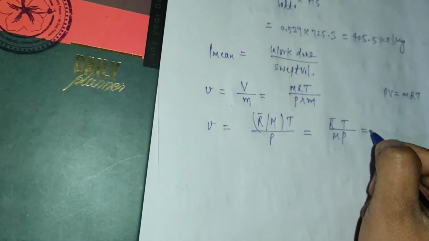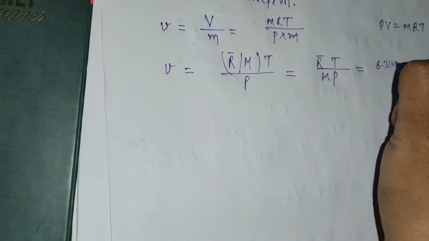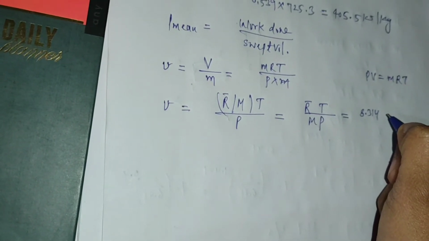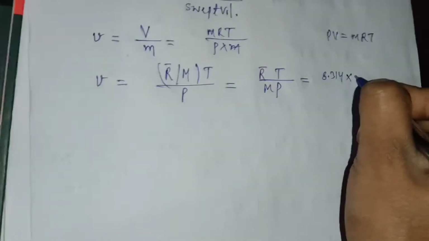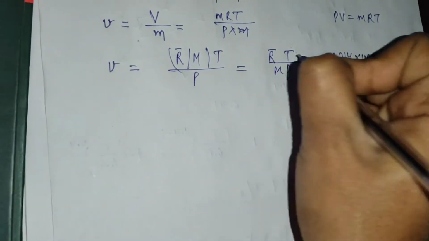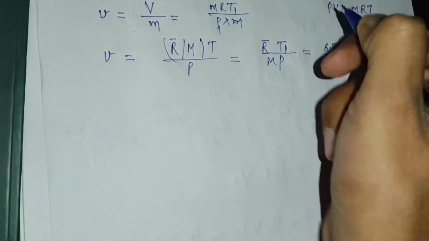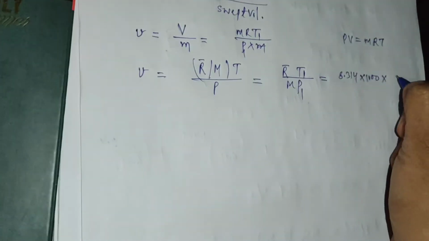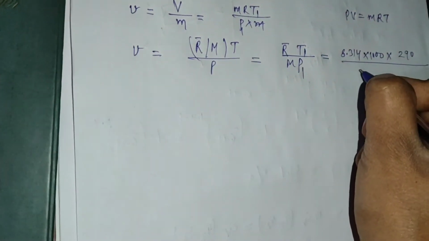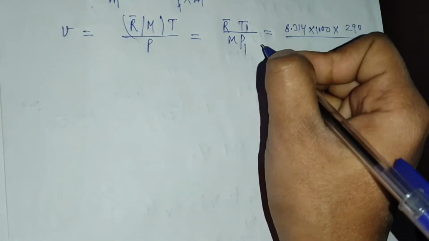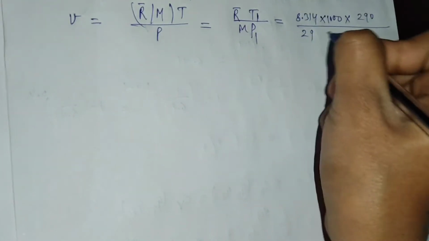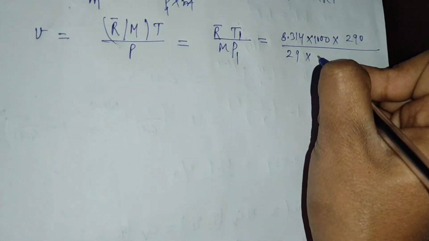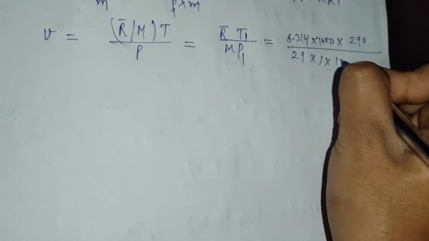R is given as 8.314 kilojoule per kilomole Kelvin. So multiplying by 1000, into T1 upon P1. T1 is 290, upon the molecular mass of air, which is equal to 29, into pressure P1, which is 1 bar, or 1 into 10 to the power 5.